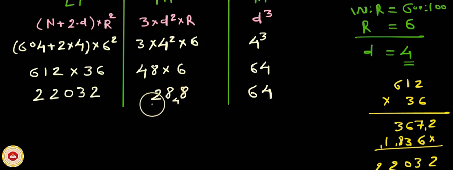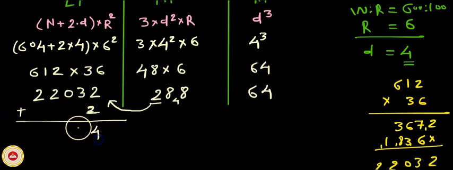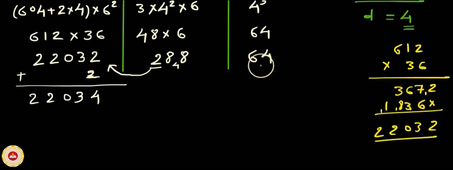That means this 2 is an extra digit. So let us carry this 2. That means let us pass this 2 to its immediate left part. Passing means adding 2. So 22034. So we have balanced right part and middle part.